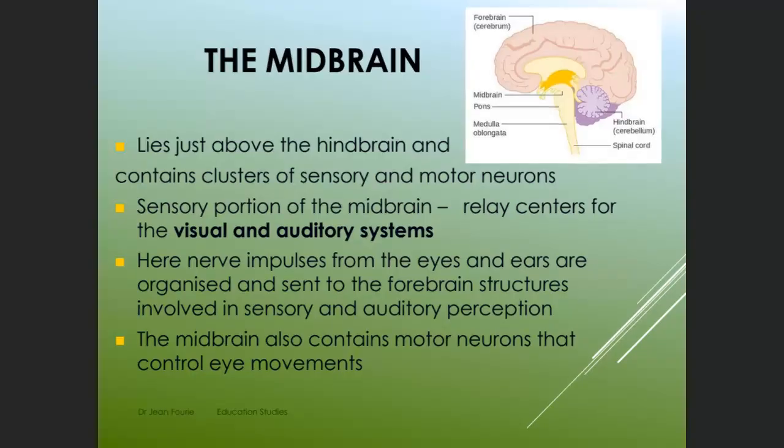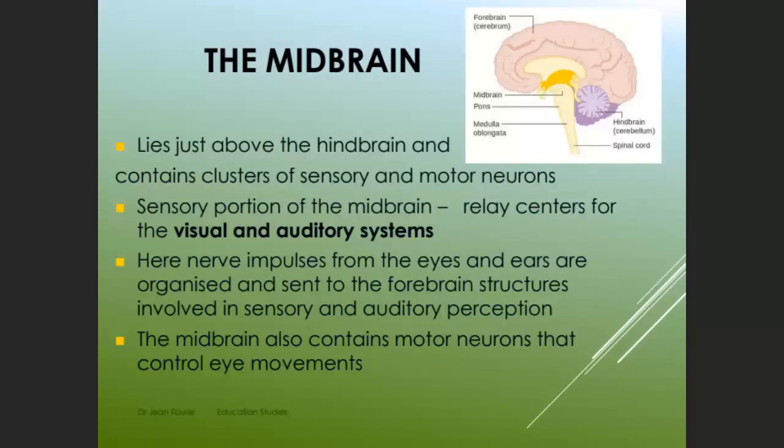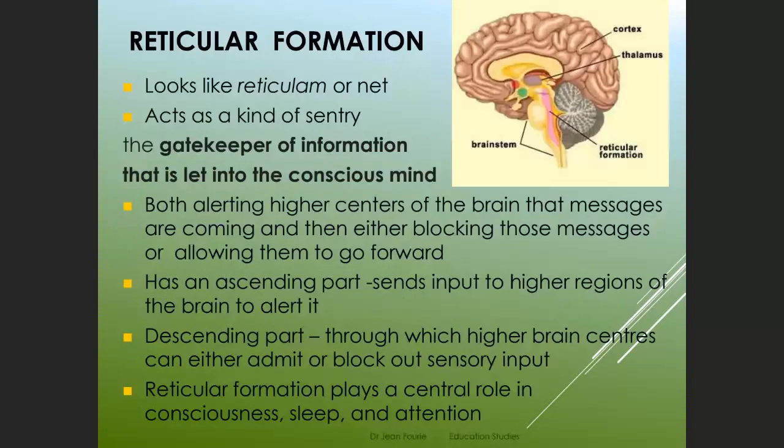They are organized here and sent to the forebrain structures, the occipital lobe and the temporal lobe, which are involved with making sense of the information received from the sensory neurons. The midbrain also has the motor neurons that control your eye movements.